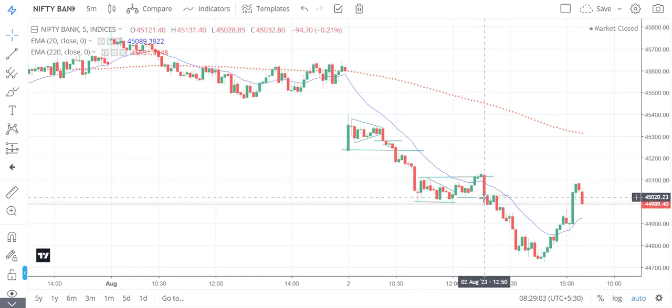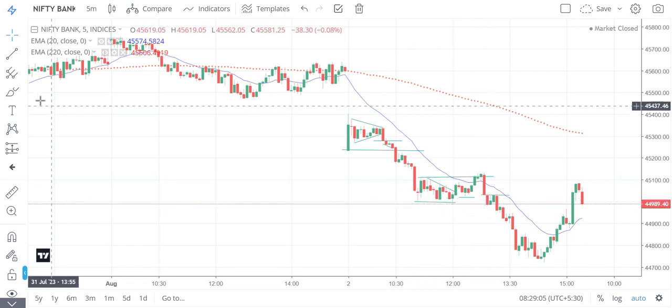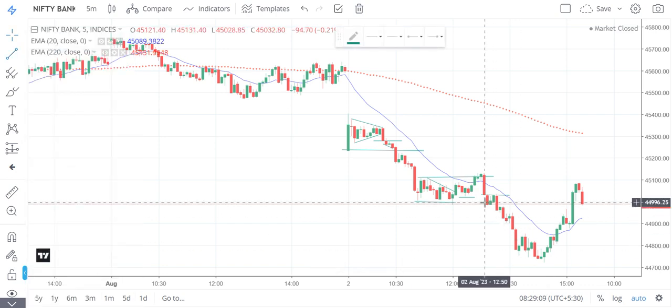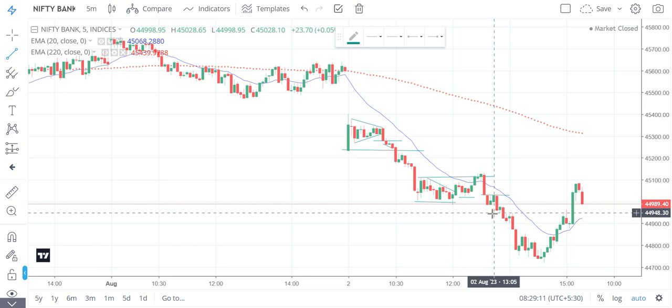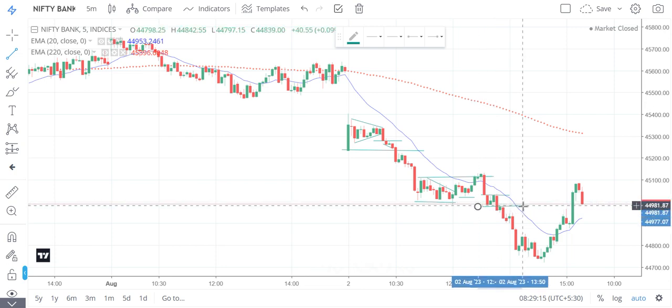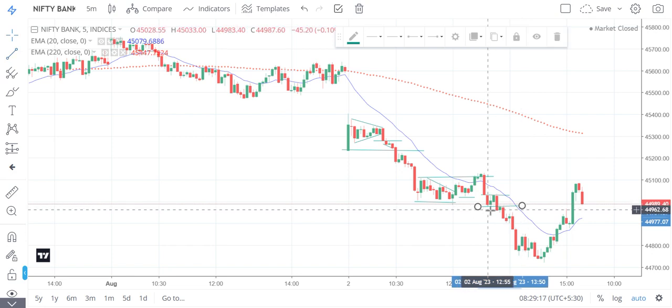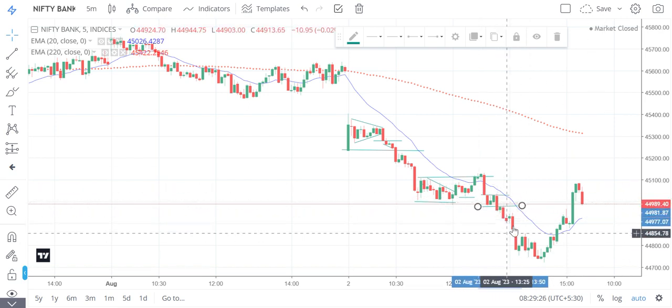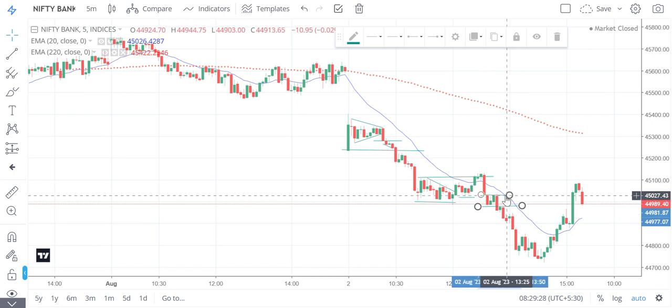Anyways, let's say I bought put here. Now we know that there is a breakout, and this is the breakout point. So if there is a strong trend, then the market should take resistance from here. If there is a weak trend, then the market might transition into a trading range, and before that it can take resistance from here.